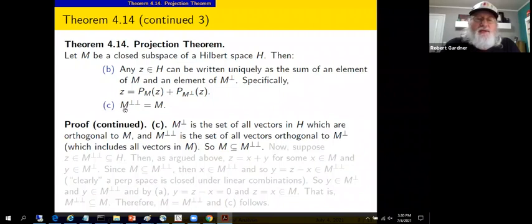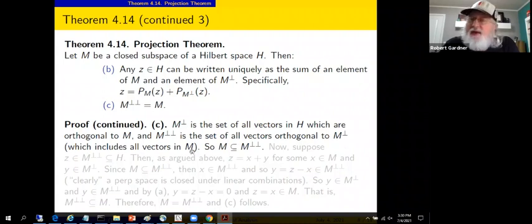Part C says the perp space of the perp space is the space itself: M perp perp, M double perp, equals capital M. Well, M perp is the set of all vectors in H that are orthogonal to subspace M. M perp perp is the set of all vectors orthogonal to M perp.